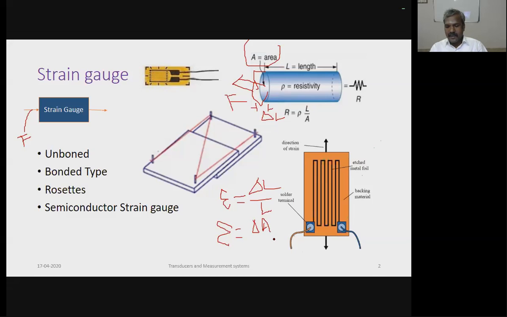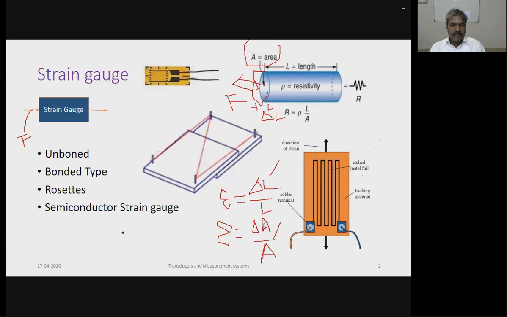So del A by A is the lateral strain. This is called linear strain, and this is called lateral strain, which can also be represented as del D by D. Either way you can represent it.